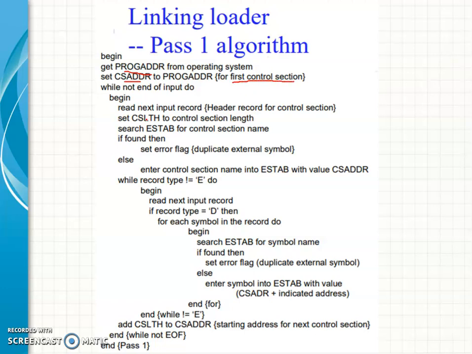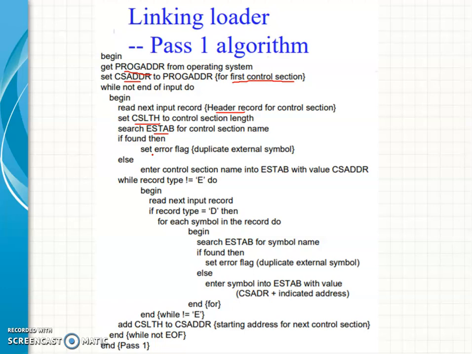Then it processes the input object code, in which it will first check the header record, and in that header record it will get the control section length, which will be stored into CSLTH. And it searches the name of the control section that is obtained from the header record in the STAB, external symbol table.